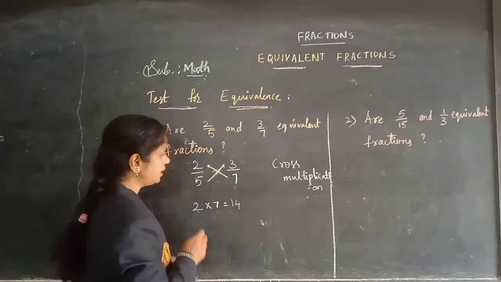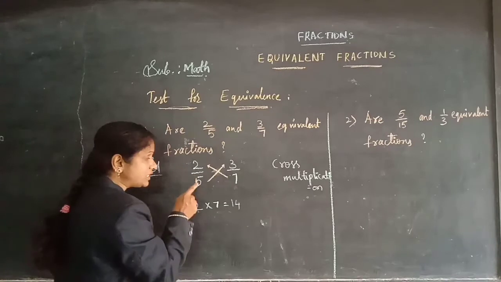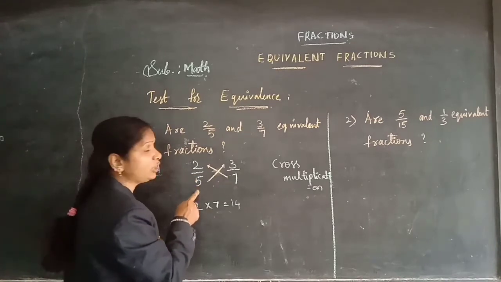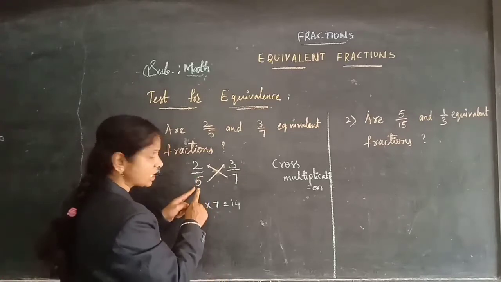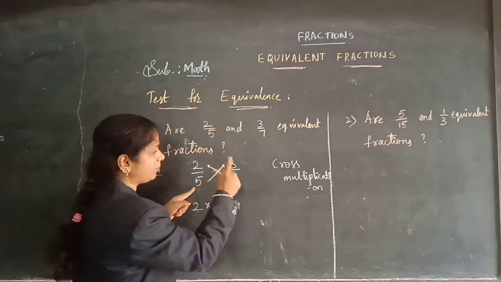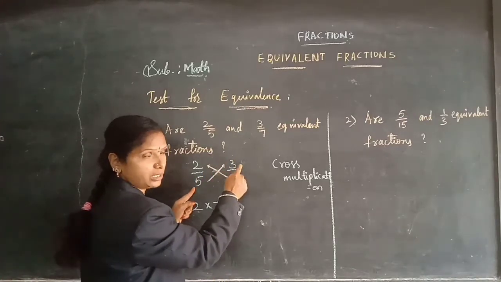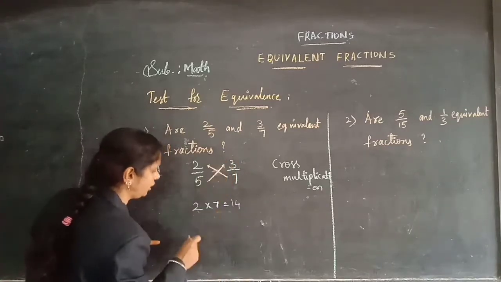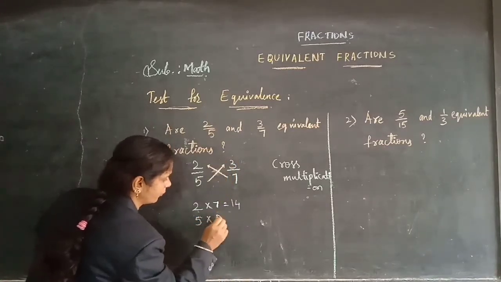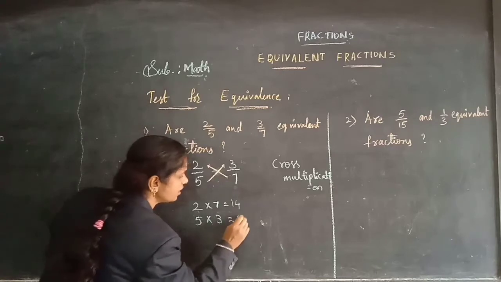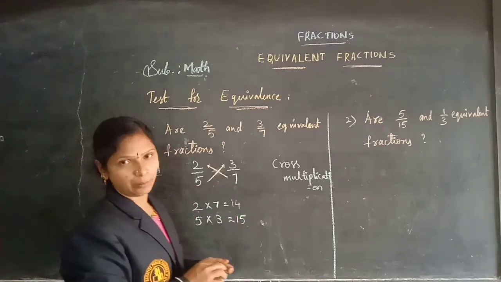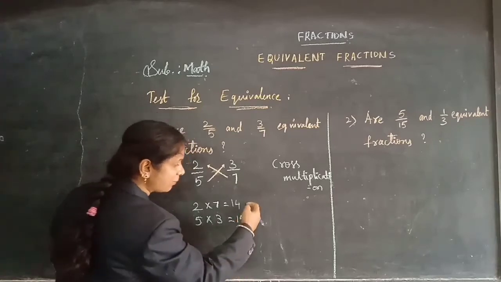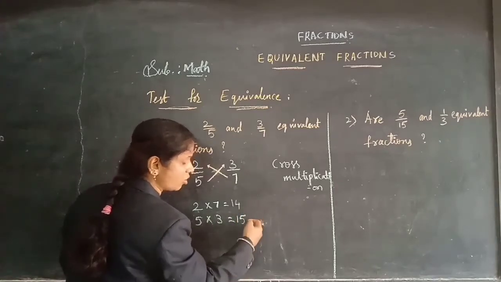Now next step, first fraction denominator you need to multiply by the second fraction numerator. So 5 into 3. 5 3s are 15.